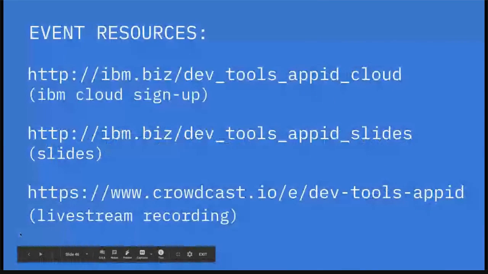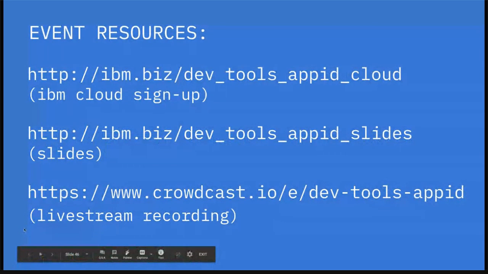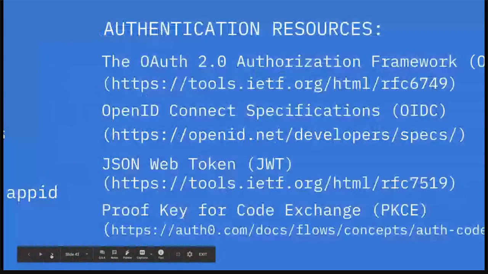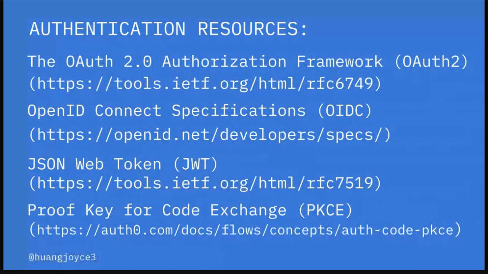So I have some resources here for you, and just a note, I did fix the slides link, so that does work now. I also have all of the authentication resources. I'm also going to be adding the extra resources that Joyce has been posting in the chat to a slide as well, so you'll have all of those in one place.